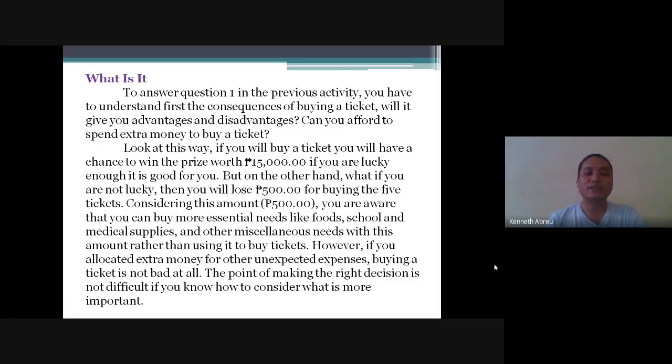Pero kung yung ticket naman yun is good na para makabili ng mga pagkain, school and medical supplies and other miscellaneous needs. So, maging practical na lang tayo in making right decisions. Ano, na we need to consider what is more important or kung alin yung mas mahalaga.